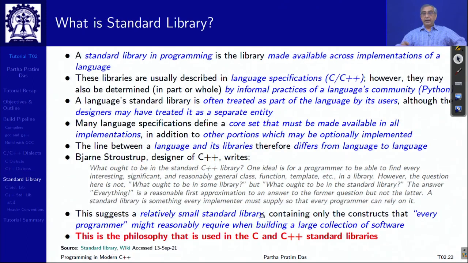Obviously, there are standard libraries, as you all know, and along with the language, the standard library extends the overall capability of programming. It makes it easier. As you learn the language, it is very, very important to learn the standard library, because that will make your programming really easier.